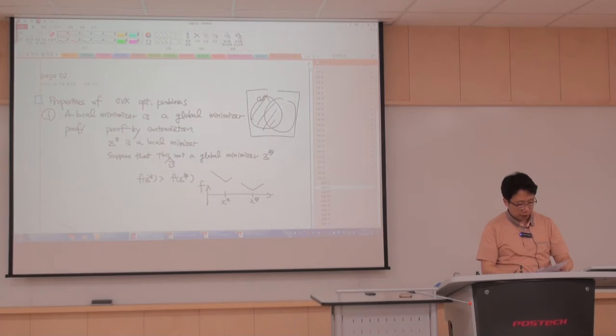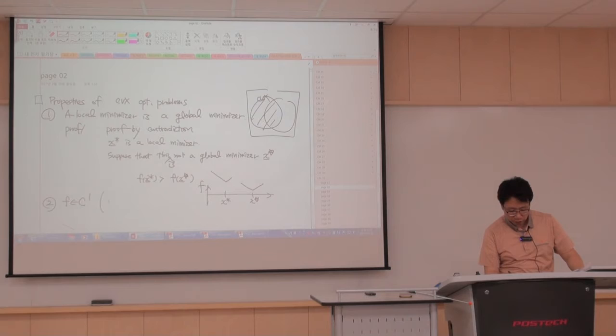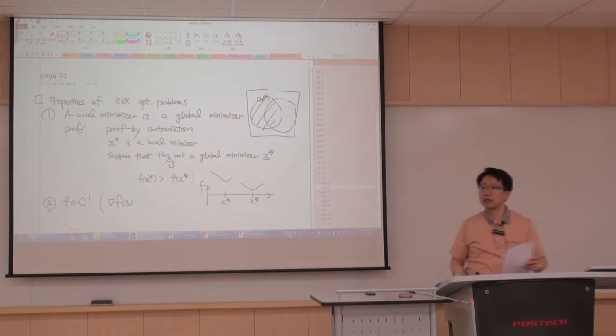But before we do that, let me emphasize this. From the second properties, they all assume the objective function is continuously differentiable, which means that we are going to involve the gradient. Got it?